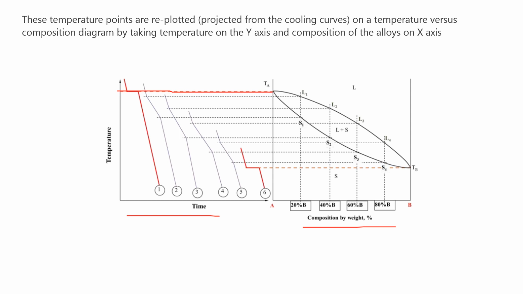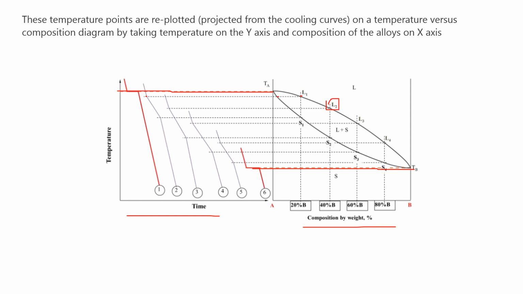Then the temperature points from the cooling curves are plotted. Suppose the temperature point for cooling curve 1 is plotted horizontally and we get temperature TA, and similarly for cooling curve 6, the horizontal line is plotted and we get TB, these two points. In between these two points are the cooling curves 2 and 3.